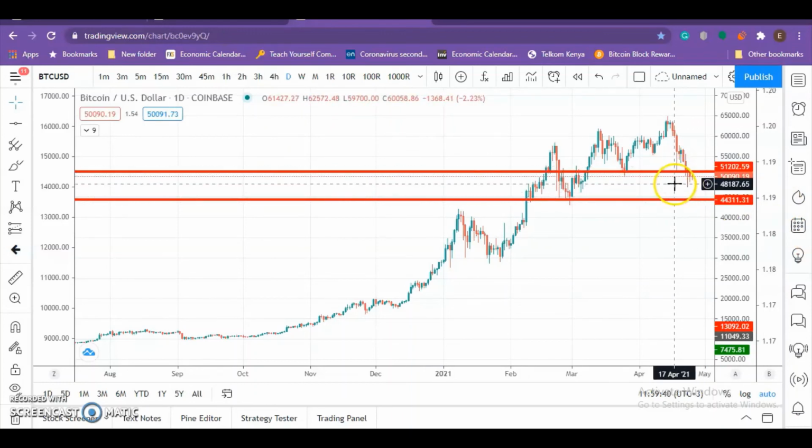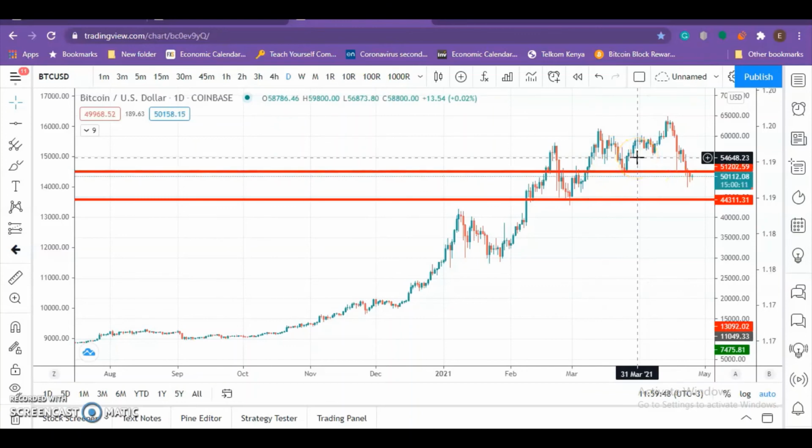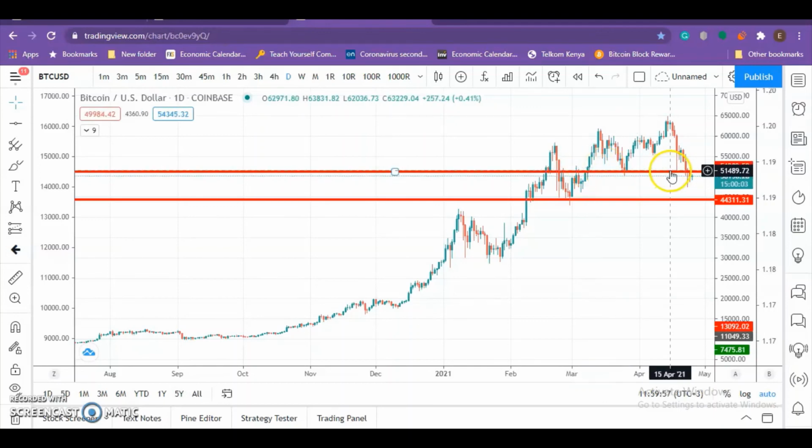Any break to either of these sides, then expect the long-term and aggressive movement. But for now, I'm really looking for buys for Bitcoin, so that's why I'm reluctant to sell or buy it for now. I have some buys though, but I want to add more, but not yet. I'll wait for some movement in between these zones, then I'll add some buys.